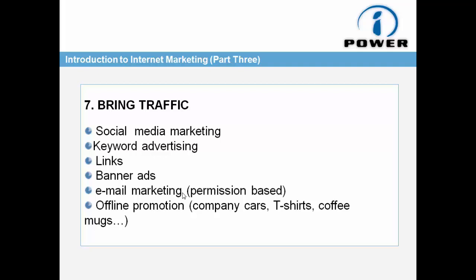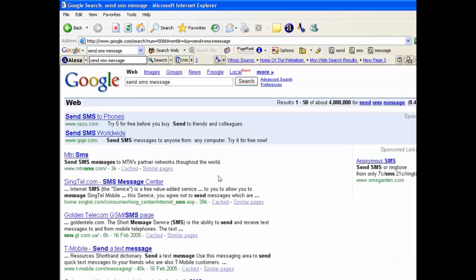And then of course there's offline promotion, like putting your URL on company cars, on t-shirts, on coffee mugs, etc. Speaking of advertising on the internet, say for example, if you type in send an SMS message, you will see a couple of ads on this shaded background. You see 1 or 2 ads, and also 1 ad here. Those are so-called paid ads.